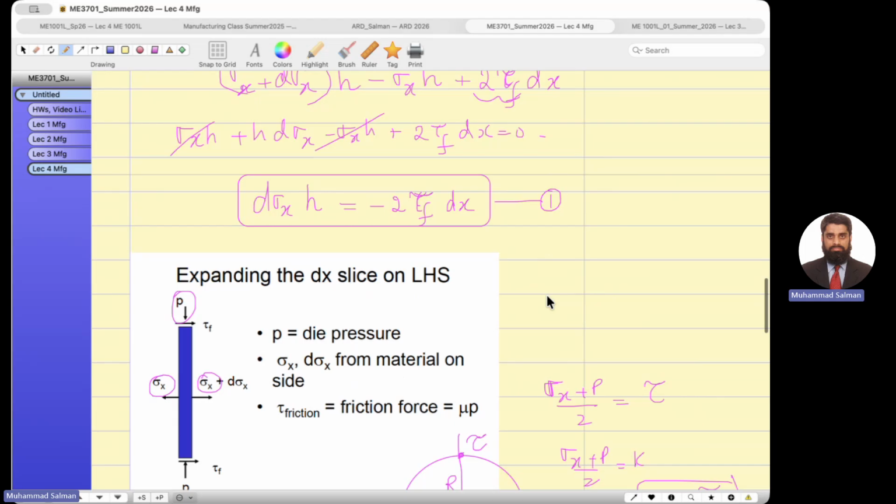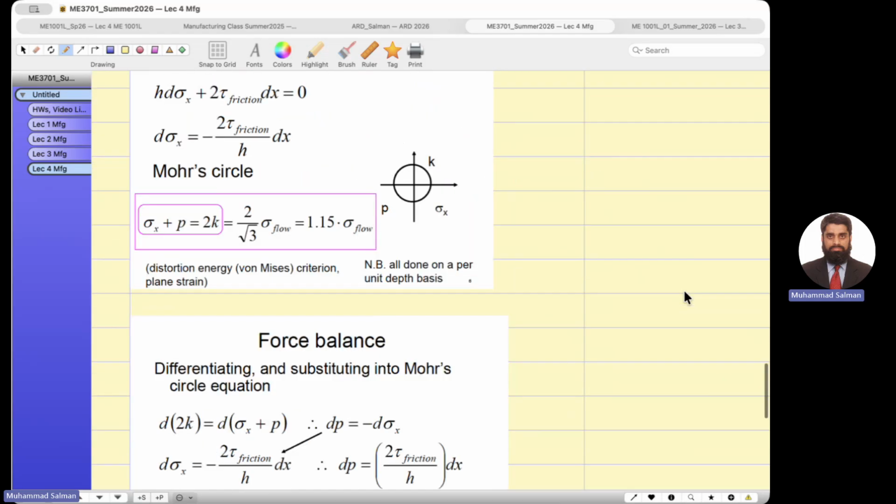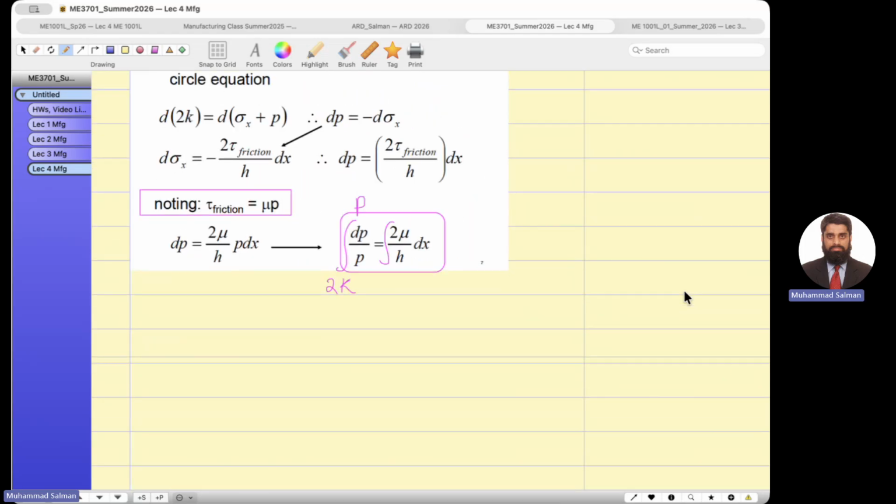The flow stress, which is the start of plastic deformation, should have at least a minimum of 2K applied pressure. If this is below 2K, it will not start deforming. It should have 2K, and then to the larger pressure, this P upper limit is higher than 2K. You understood that point? And then on the left hand side, it goes from 0 to X.